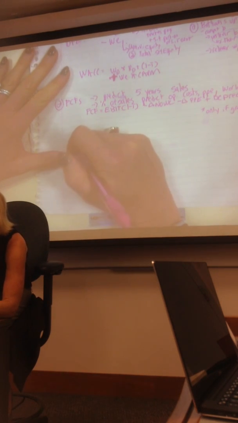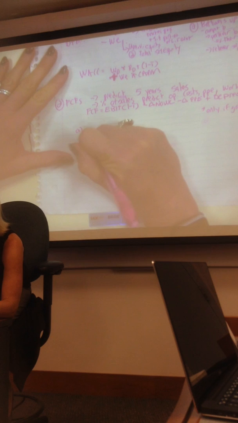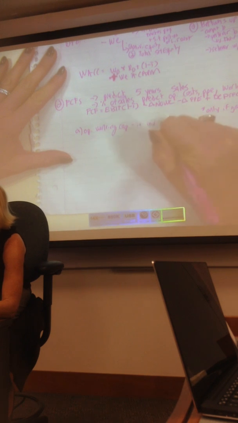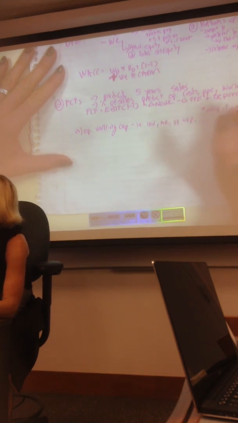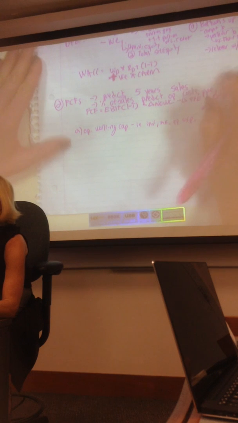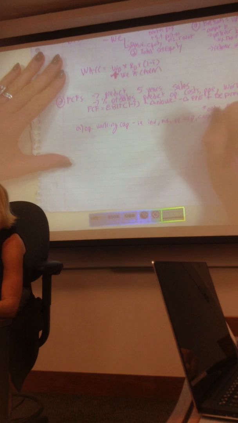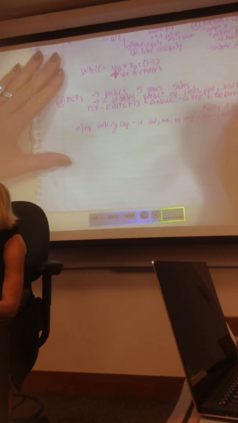Now, I'm just going to put a question here. What's included in operating working capital? Current assets. What type of current assets? Short term, so inventory, AR, and prepaid expenses. Traditionally, toss in cash, just because most of the time you'll be doing manufacturing types of firms. So cash, accounts payable.